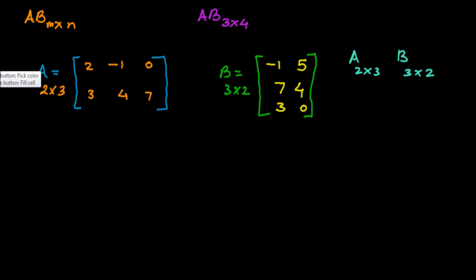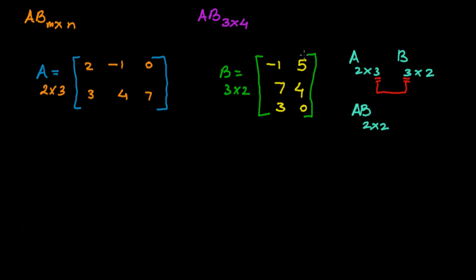Here we see that the number of columns in matrix A is 3 and the number of rows in matrix B is 3. So they compensate each other and we get a matrix AB of order 2 by 2.